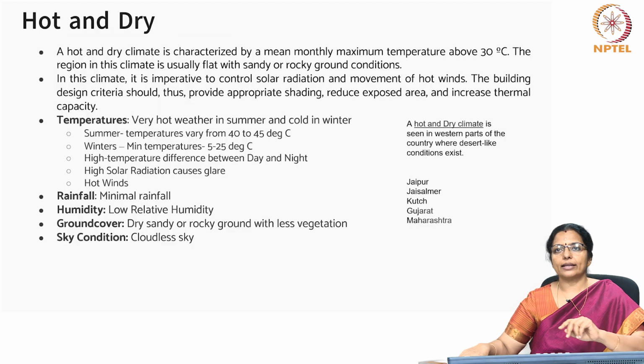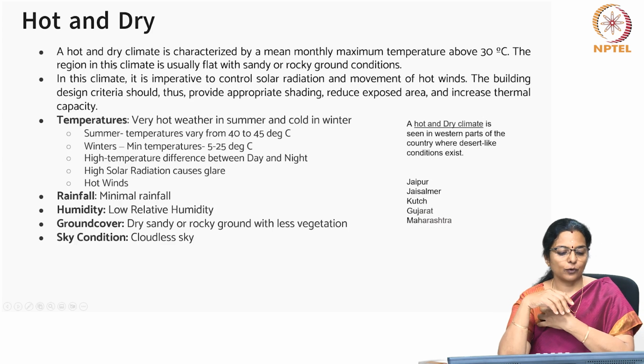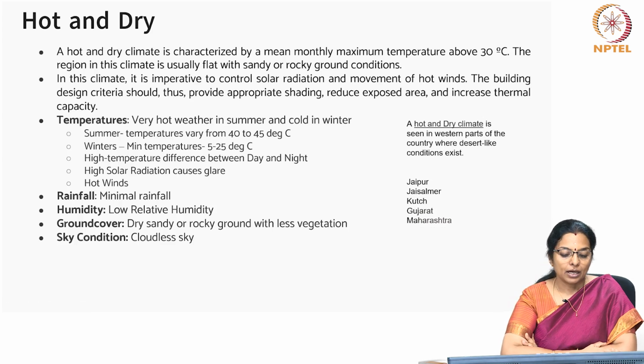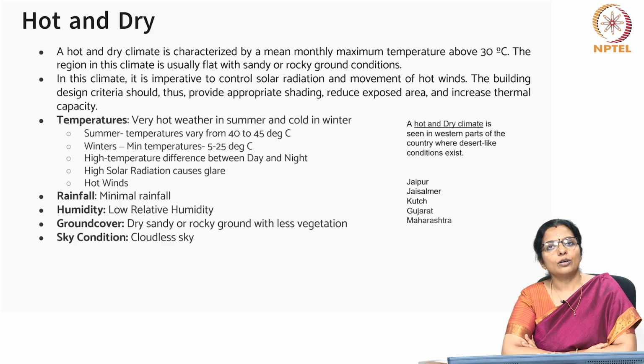So let's look at the characteristics for hot and dry. This climate is characterized by a mean monthly maximum temperature which is above 30 degrees centigrade, and the region in this climate is usually flat. The building design criteria should thus provide appropriate shading, reduce exposed area and increase thermal capacity.